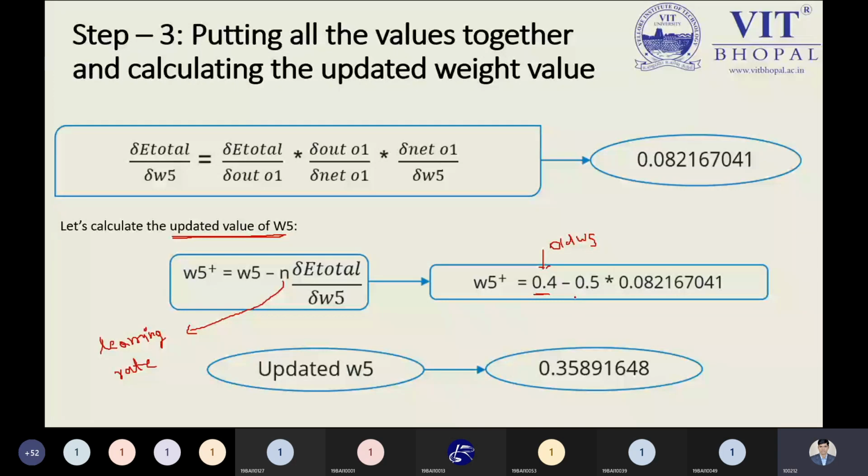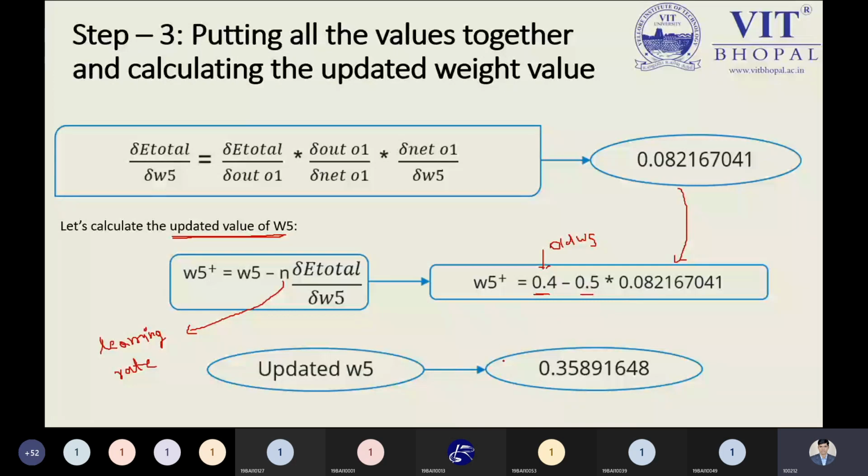And here I'm taking the learning rate as 0.5. You can take any value, but you can't take 0. So 0.5, the middle value, will be multiplied by its calculated derivative portion. After getting this solution, we will get the updated weight of W5.